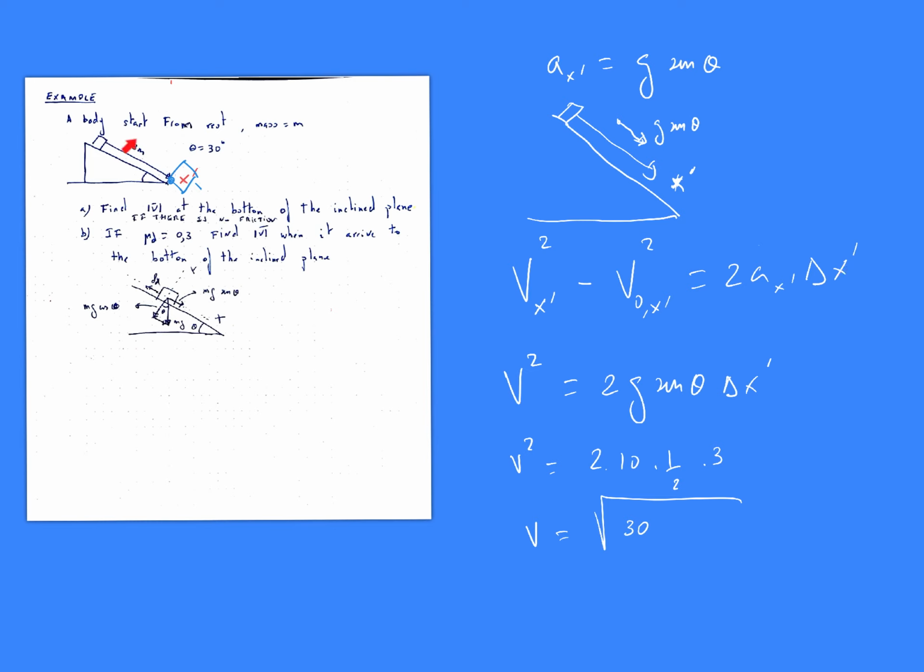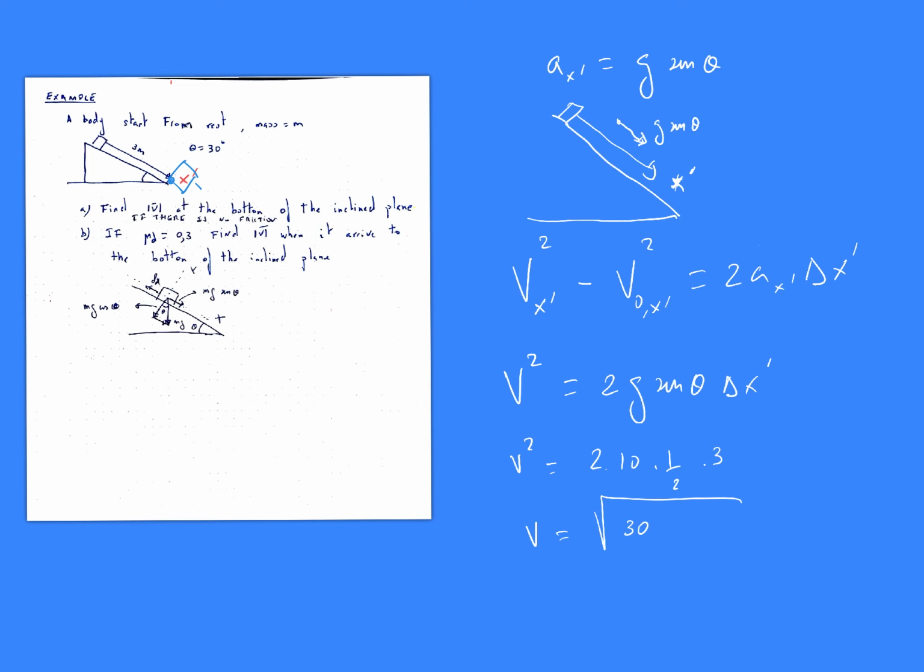Because it says that it starts from rest, v0 is 0, so v squared is 2g sine of theta times delta x. When the displacement is 3 meters, sine of theta is 1/2, so v squared is 60 divided by 2, 30. So the velocity when it arrives to the edge of the inclined plane is the square root of 30.